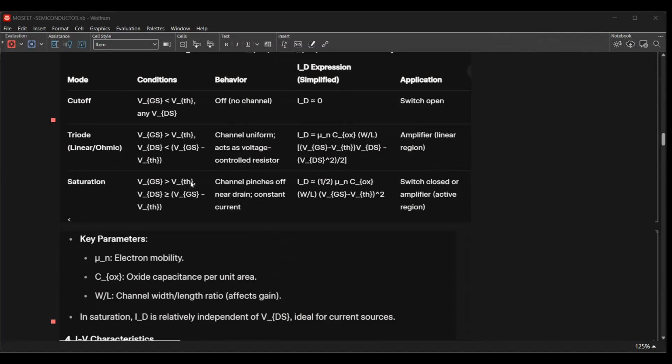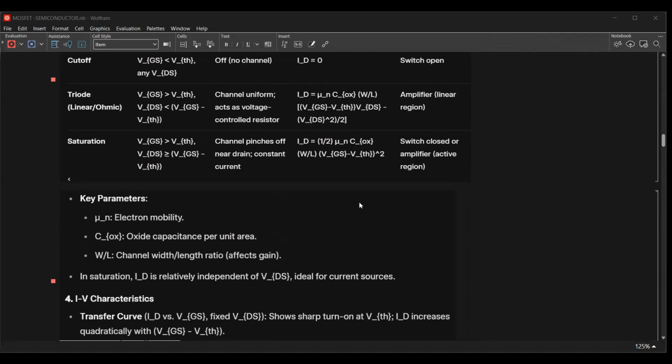Then for saturation, we have VGS greater than VTH, so VDS is greater than the difference between VGS and VTH. So the channel pinches off here, and the current is constant. The equation to use is 1/2 of electron mobility times the oxide capacitance multiplied by W over L and the square of the difference between VGS and VTH.